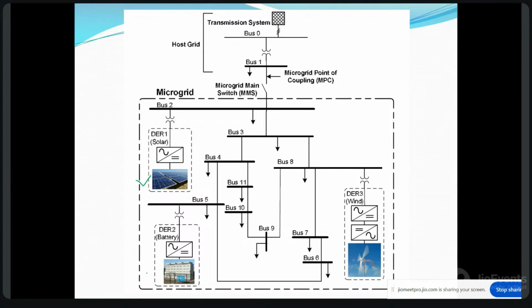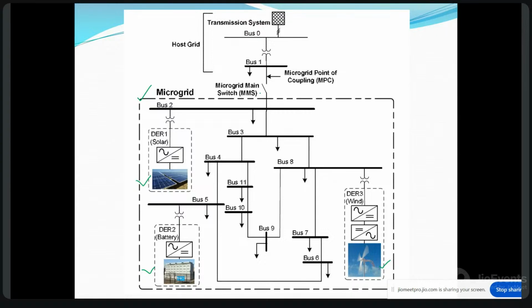Here also, a battery bank is there with a power electronic converter, and there is a wind system with power electronic converters, and we have multiple loads at different buses. These sources, PV, wind, and battery together, supply the loads connected to them at different buses. So it qualifies as a microgrid.